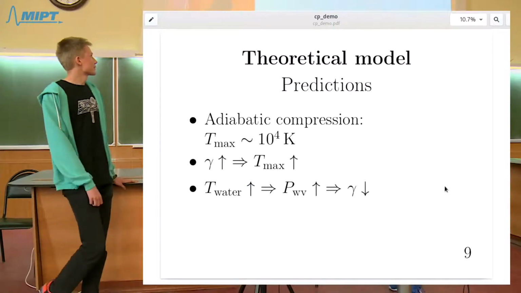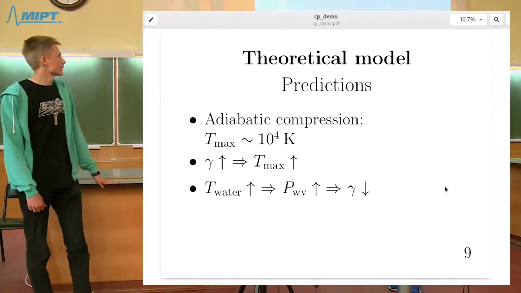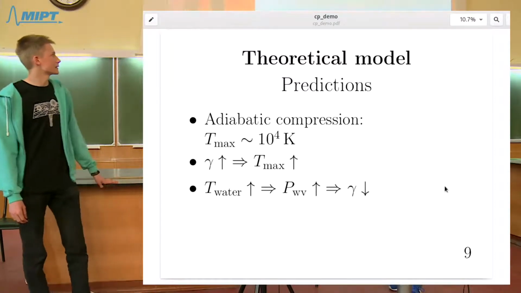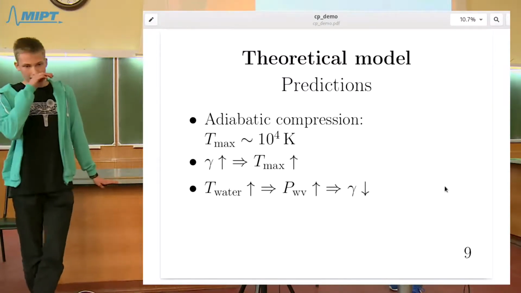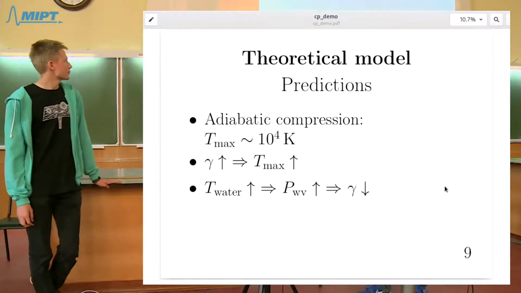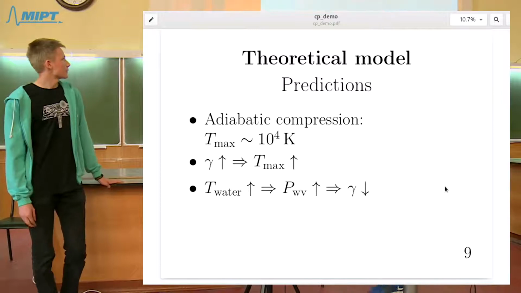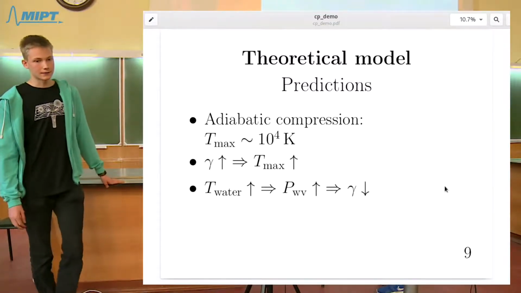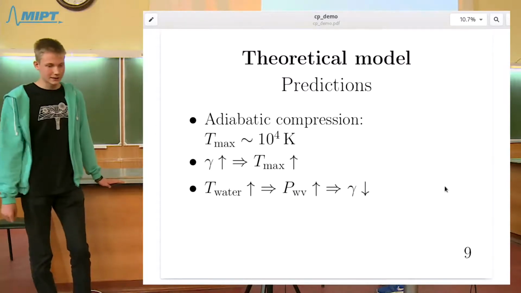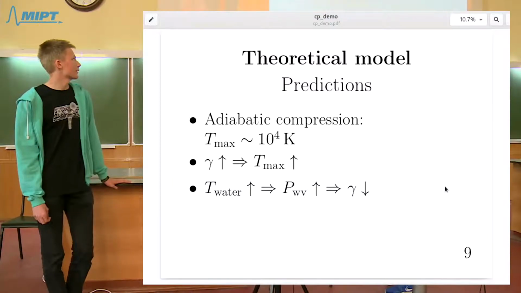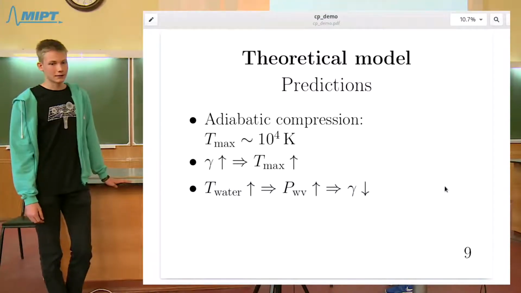So the prediction of our model is that, assuming adiabatic compression, the maximum temperature of the bubble is around 10,000 kelvins. Also, it predicts that when the adiabatic index increases, the maximum temperature of the bubble also increases.